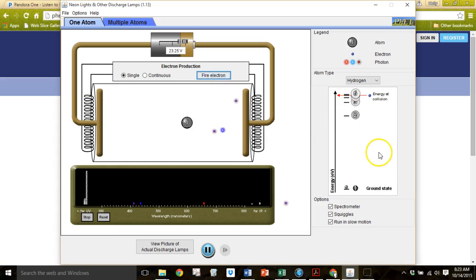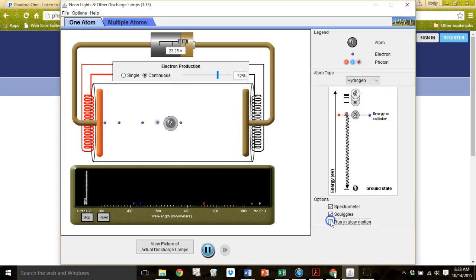Notice this over here. We've already investigated the second question. Notice what's happening down here also. I'm going to put this on continuous and speed this up a little bit.